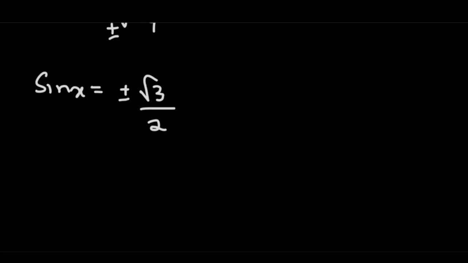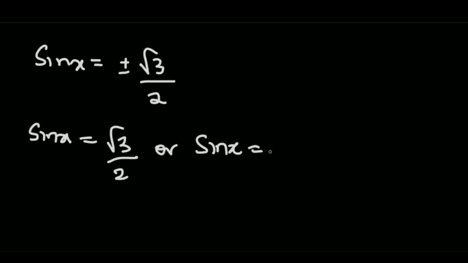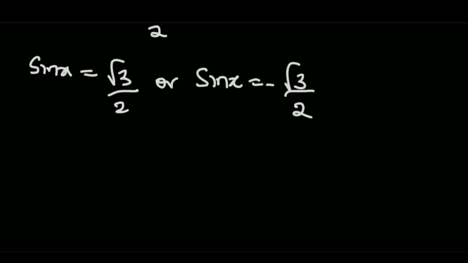Now this is the same as saying sine x equals root 3 over 2, or sine x equals negative root 3 over 2. Okay, so now we look for an angle such that we obtain the value root 3 over 2 for sine.